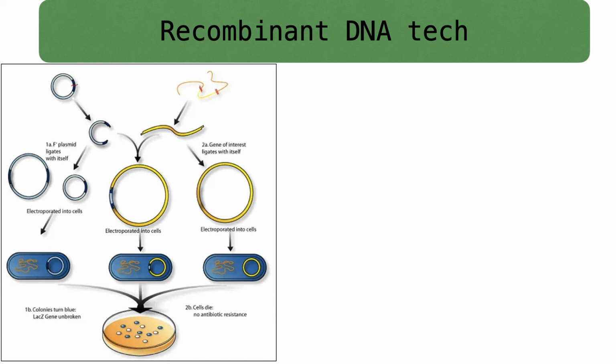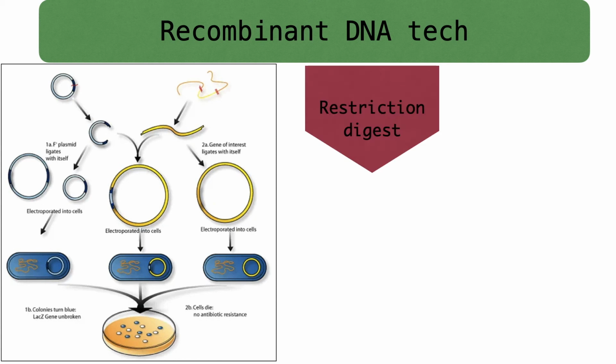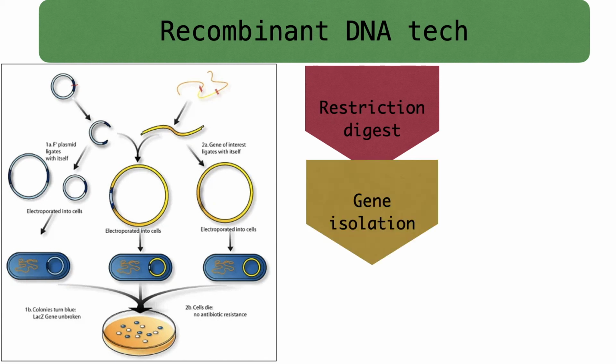First, we have to do the restriction digest for both the donor DNA and the vector DNA. From the donor DNA, once we do the restriction digest, we do the gene isolation. The gene that we want to clone, we isolate using the restriction digest.